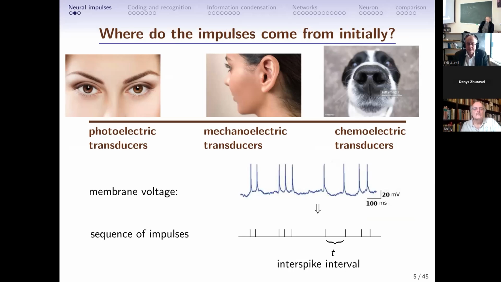In the vision system, it is the well-known photoreceptor neurons. In hearing, it is the well-known cochlear hair cells, and in olfaction, these are the well-known olfactory receptor neurons.